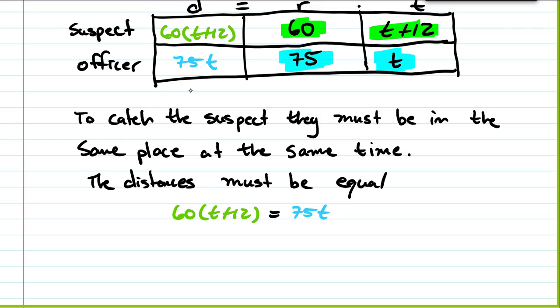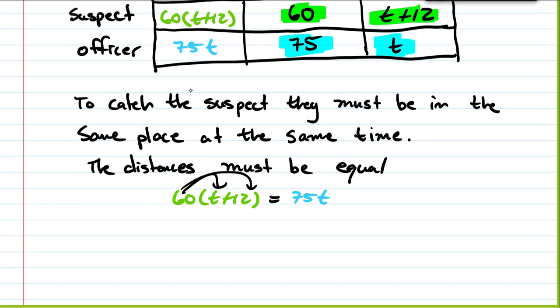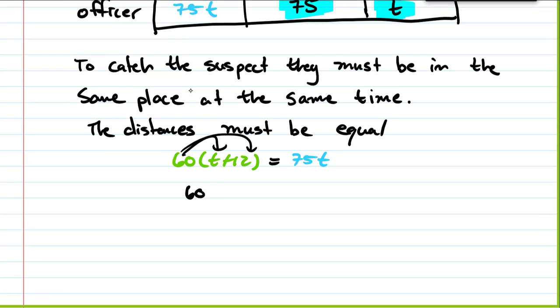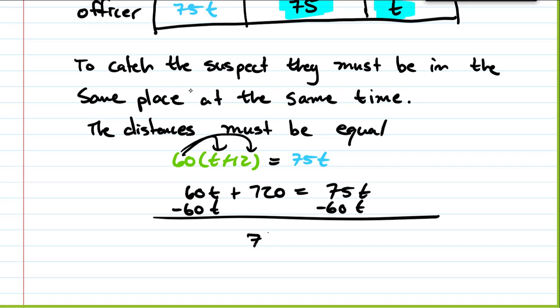So then to resolve this equation, once again we open our parentheses using the distributive law to get 60T plus 60 times 12, let's see, 72 with a 0, so 720 is equal to 75T. And then we resolve by minusing 60T on both sides, and we get 720 is equal to 15T.